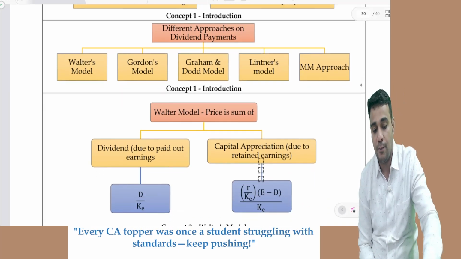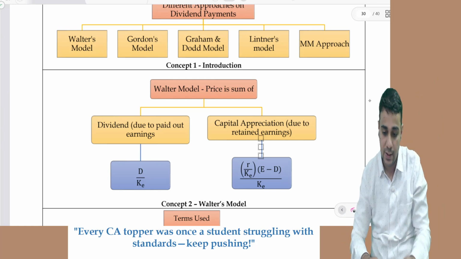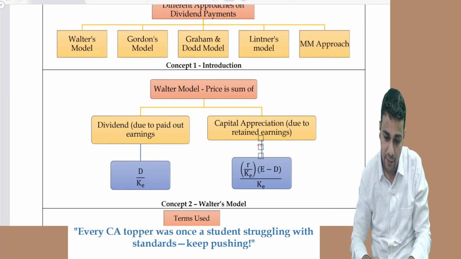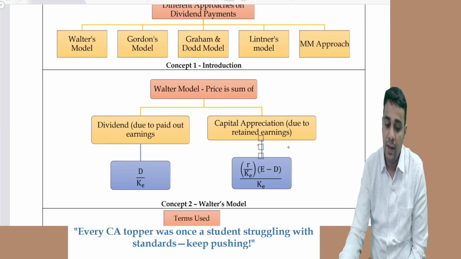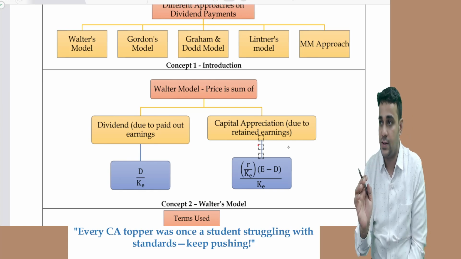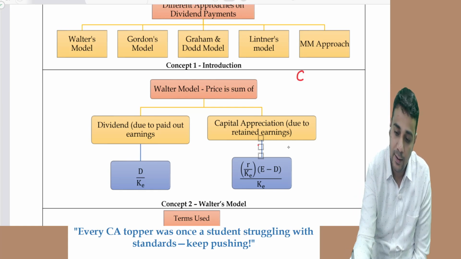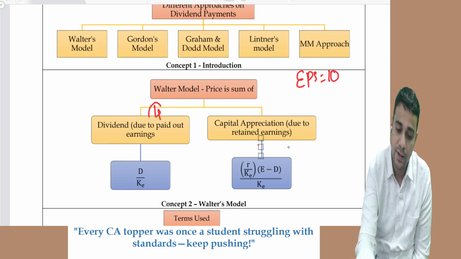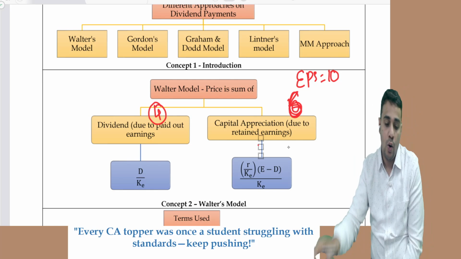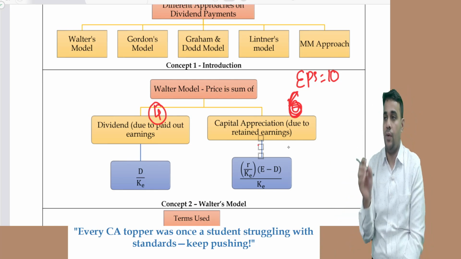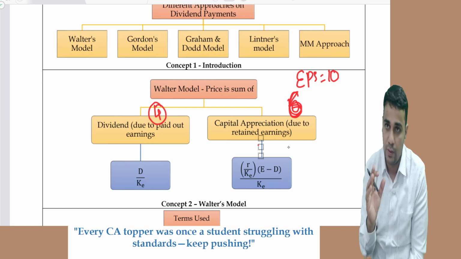First is the Walter model. What did the Walter model say? Whatever profits we are making are split into two parts. I earn 10 rupees. I split 4 as dividend and 6 as retained earnings. So the value of the share is the sum of two parts.